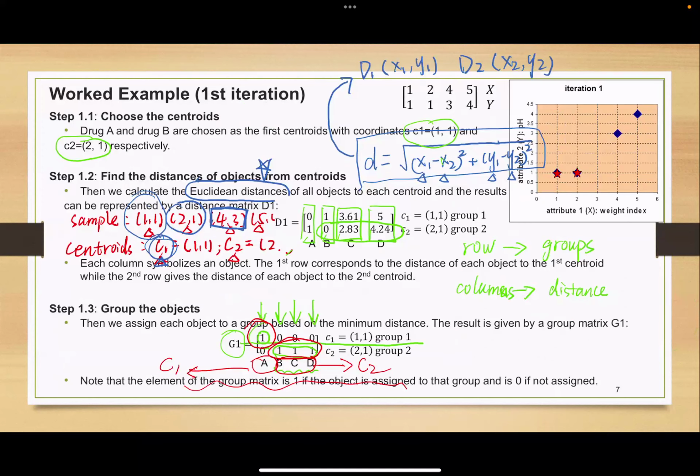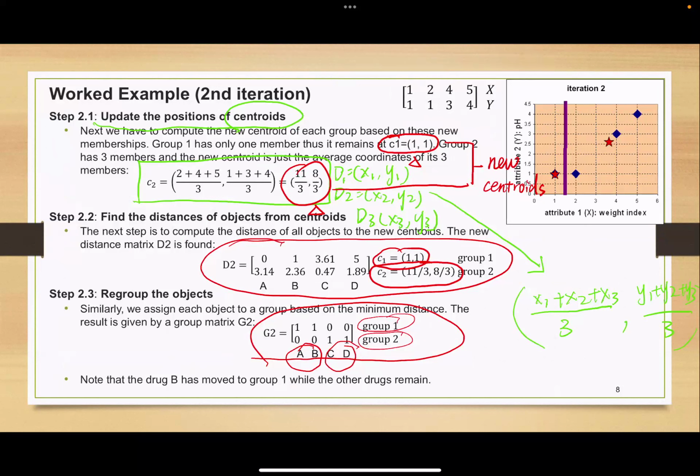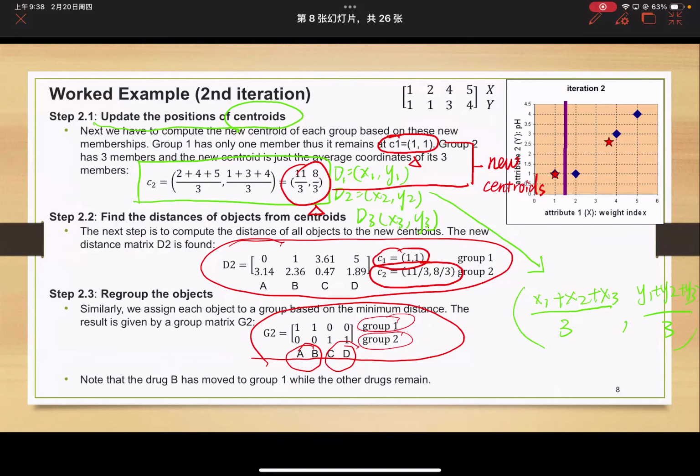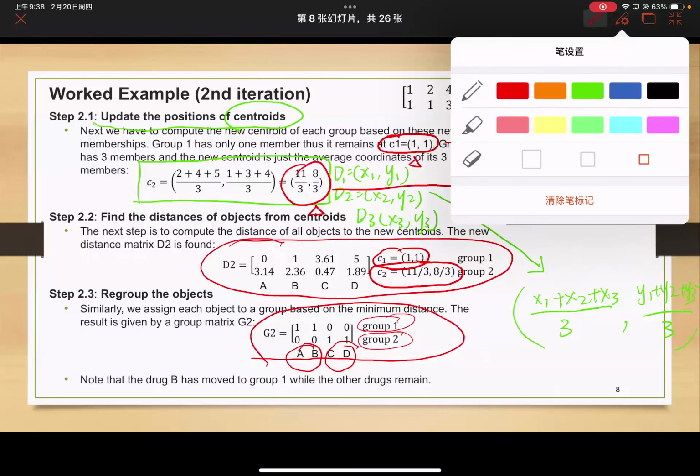But don't worry, you need only calculate the first step. To here, okay. Let me change the color. Okay.